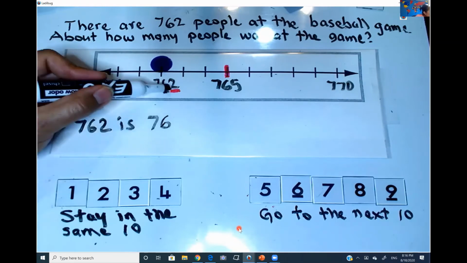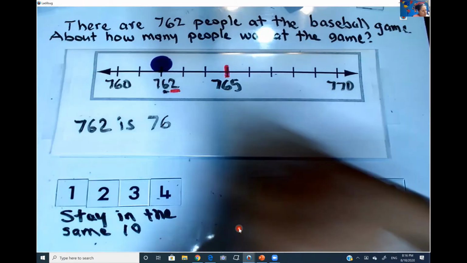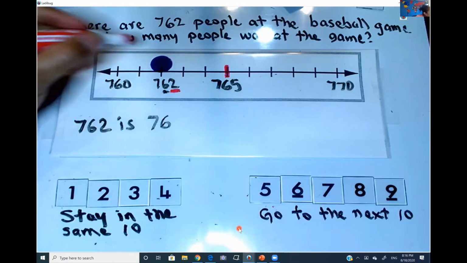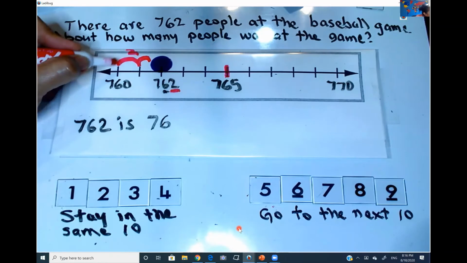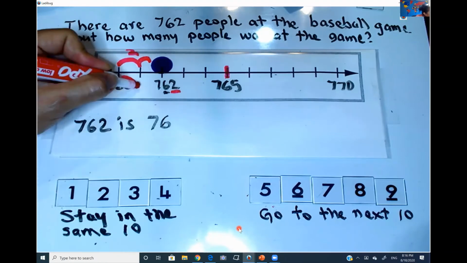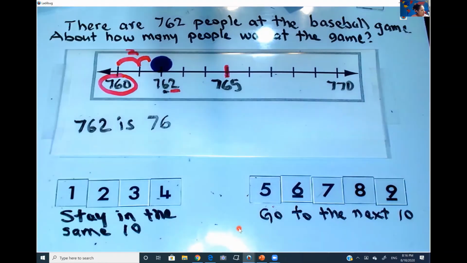And the 2 is going to become a 0 because the closest number, which is only 2 steps, 2 spaces away, is this one, 760. So it becomes a 0.